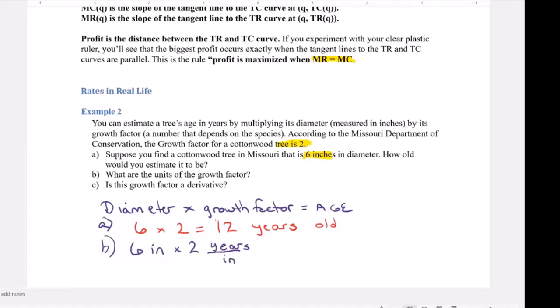How do I know that? Because I want to end with age, and I'm starting with inches. So I can cancel inches with inches, which gives me 12 years.